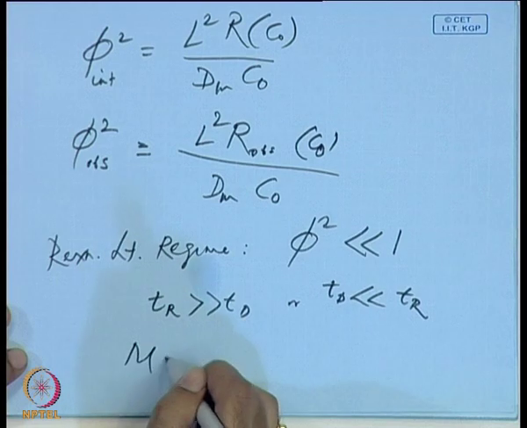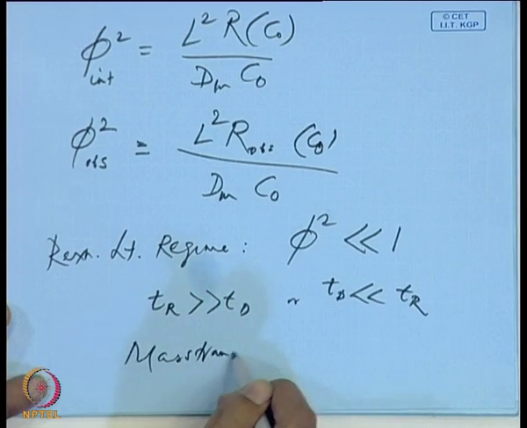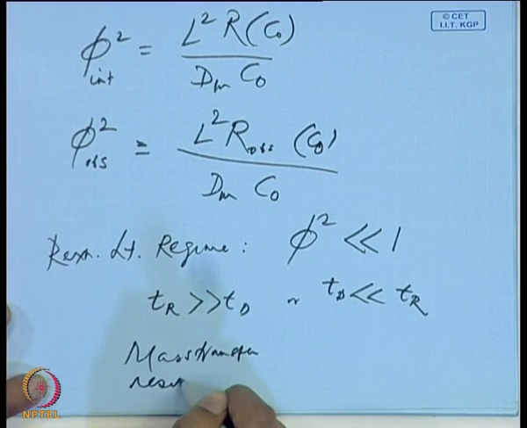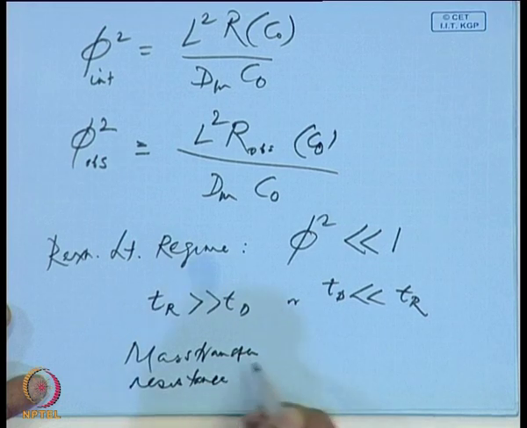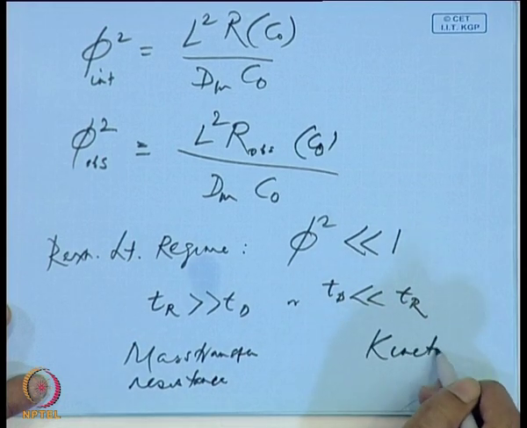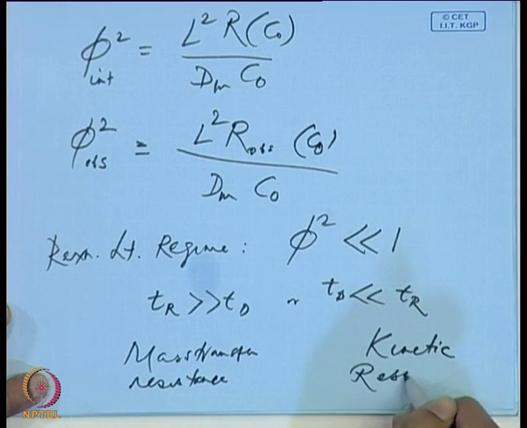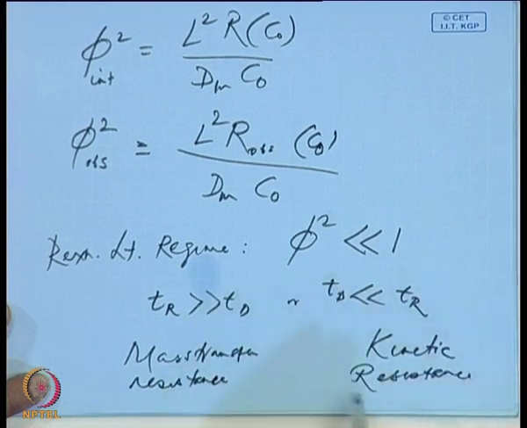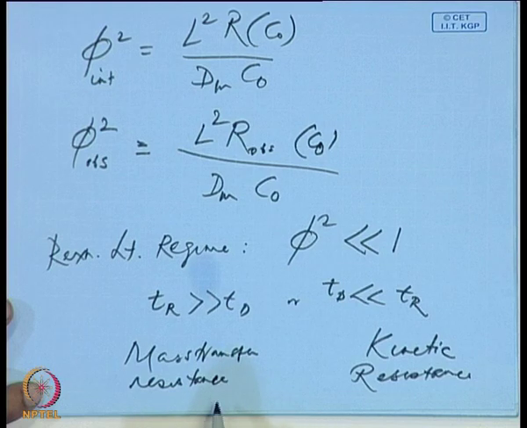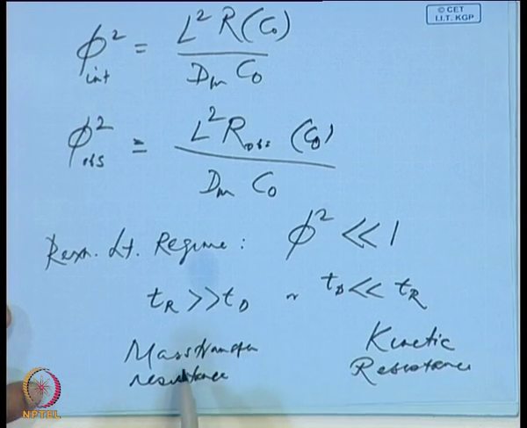That mass transfer resistance, and let us put kinetic resistance on this side. What is the relationship between these two? Kinetic resistance is much higher. So, mass transfer resistance is much lower.